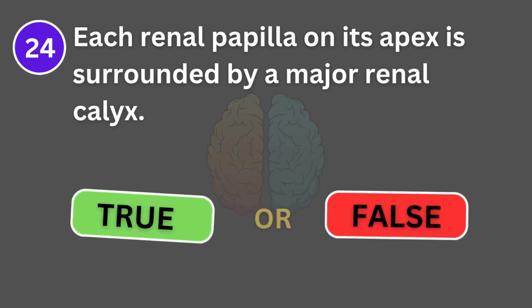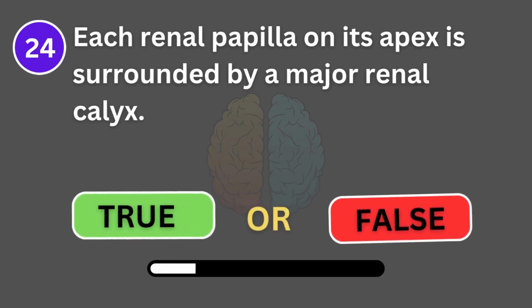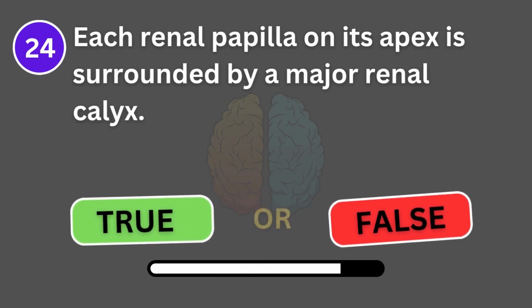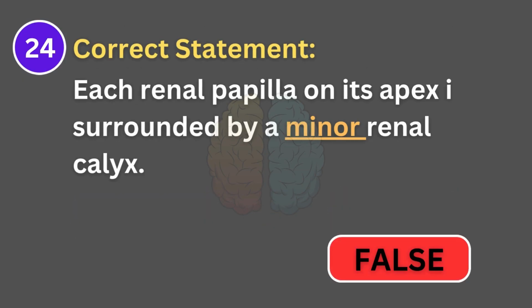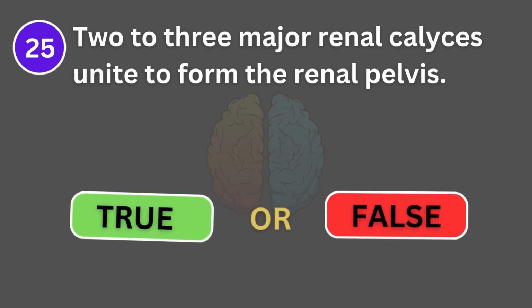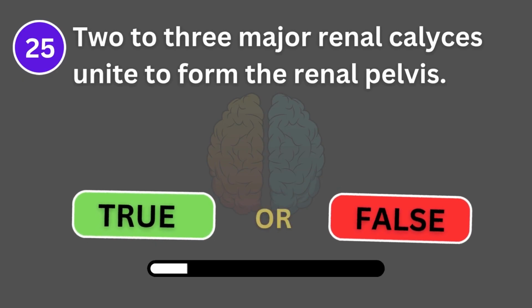Each renal papilla on its apex is surrounded by a major renal calyx. Two to three major renal calyces unite to form the renal pelvis.